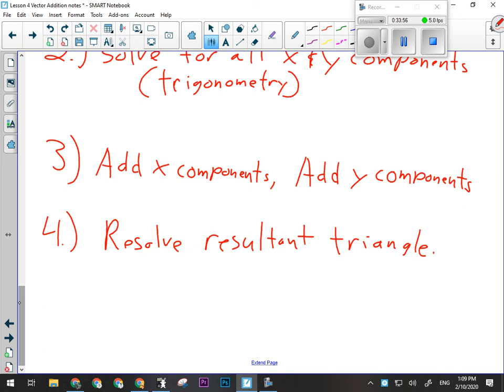Once you've added x and y's together, you can resolve your resultant's triangle. That is, you'll know the x and y sides of the resultant's triangle.